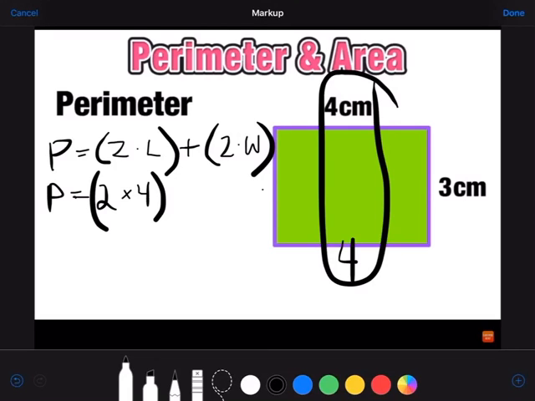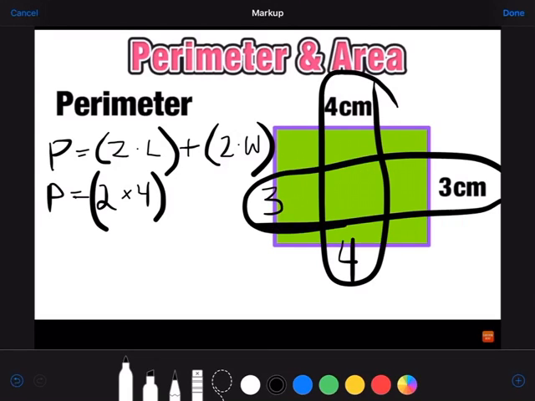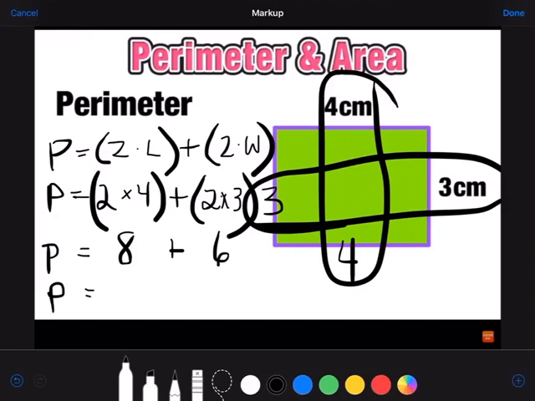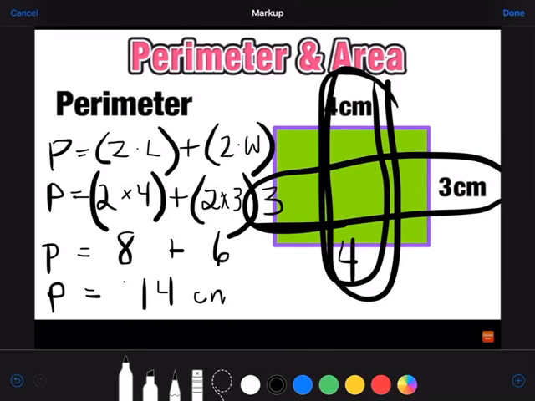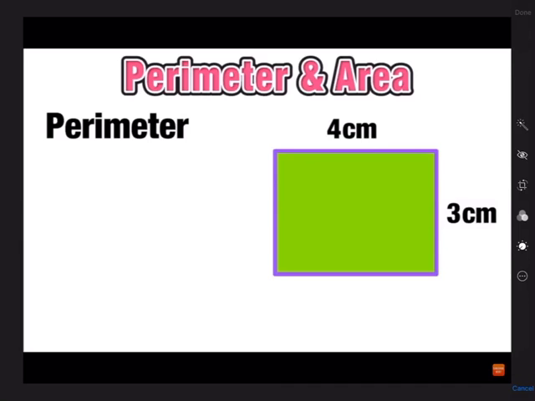And then you might have noticed that there were two sides with lengths of 3, so you would say 2 times 3. Then you solve those and add the two amounts, and you would get 14 centimeters. So that's 4 good ways to solve for perimeter.